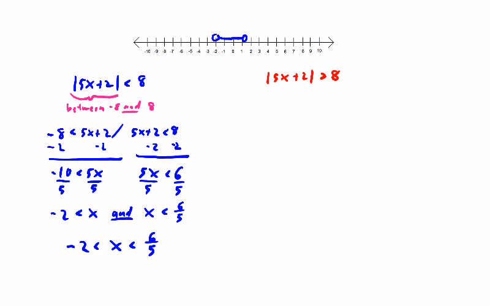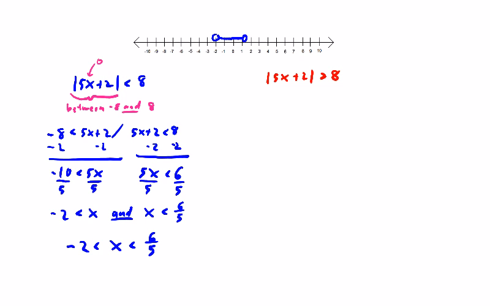You could quickly check a number in between, the easiest of which is 0. If you were to insert 0 right there, the absolute value of 2 is what would remain, and that is clearly less than 8. So a quick check shows us that we probably have the right solution. Certainly having it in between those values is good.